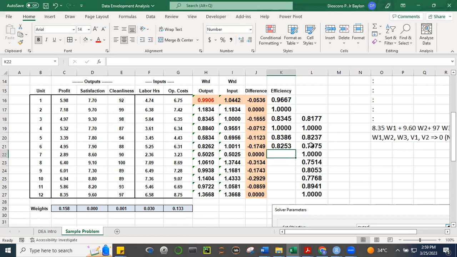Then unit number 7 is 1. Unit number 8 is 77.20. Unit number 9 is 85.72. Unit number 10 is 79.57.